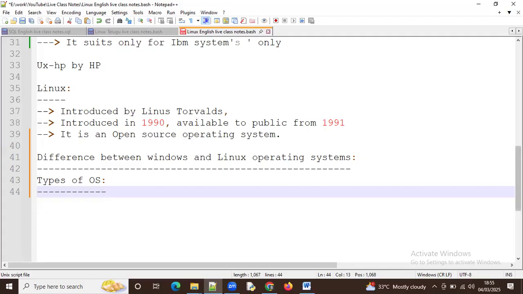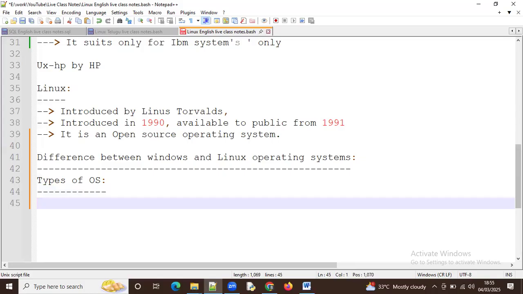So here I am specifying each one. First one, single user, single tasking.